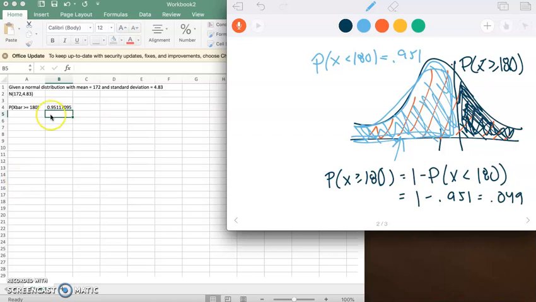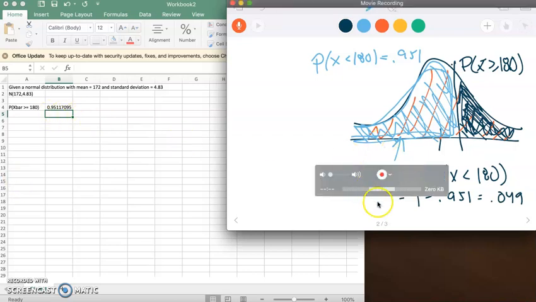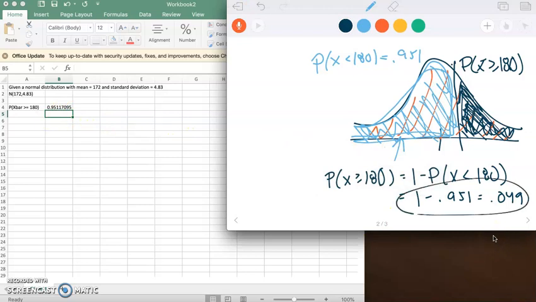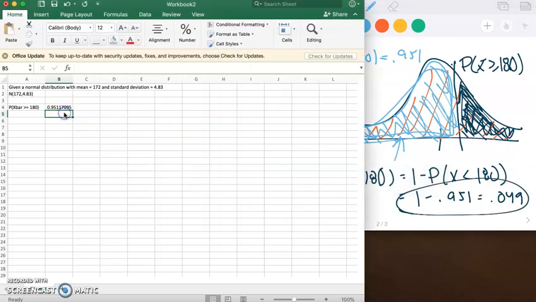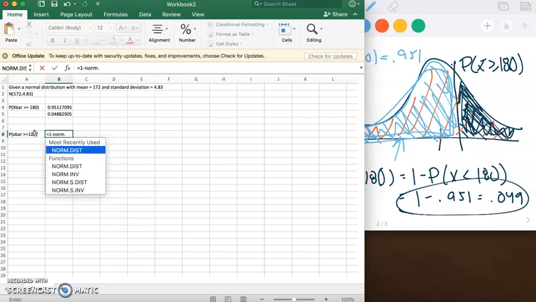You don't have to write this part out by hand. I'm just showing that because I want to make sure everybody understands. Let's say that you were doing this on your own. You could do a couple of things. You could just say this equals 1 minus that. The other thing you can say is, starting from the beginning, the probability that x bar is greater than or equal to 180 equals 1 minus norm.dist.